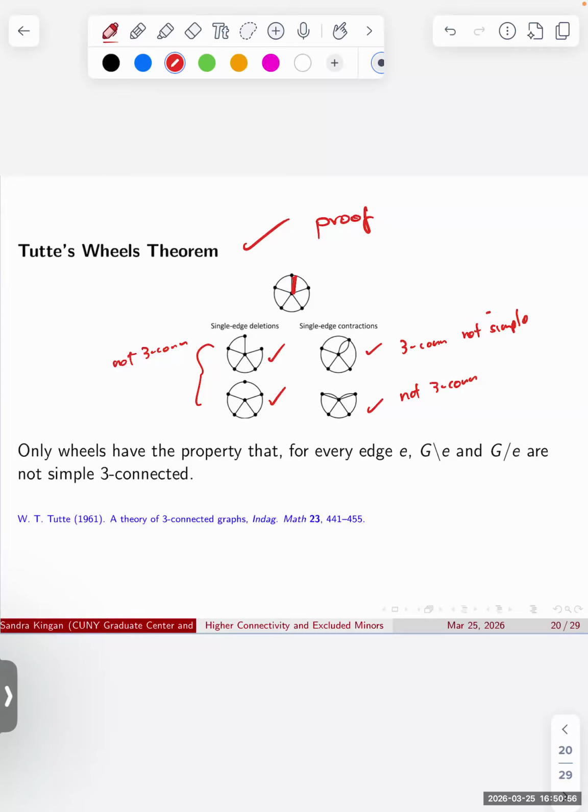Now, we saw earlier that if you have a 3-connected graph G, then because of all those results we did, we can find an edge E such that G contract E is 3-connected. But Wheels theorem says so much more than that.